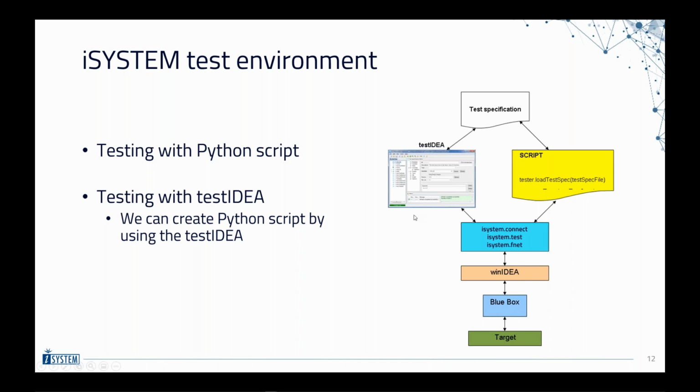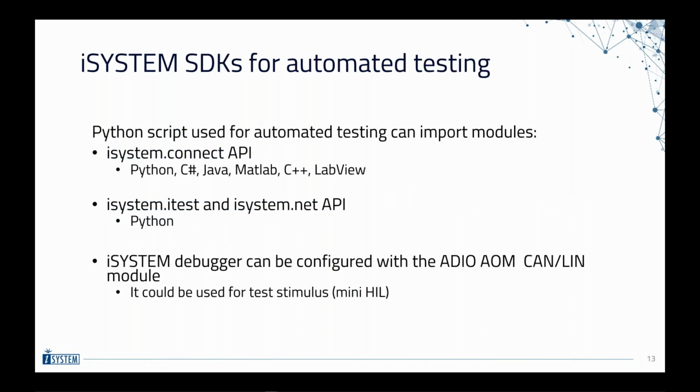We can create tests with the testIDEA application, or we can write scripts on our own. We can also use the internal testIDEA script generator, and we can generate out of testIDEA a completely JUnit-compliant Python script that can be used for continuous integration without any additional work.